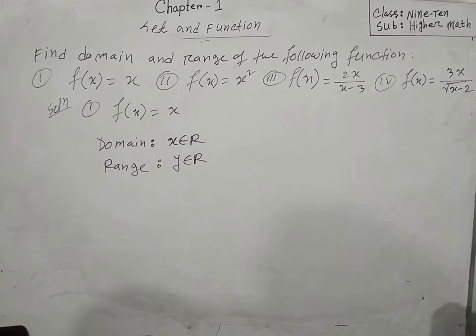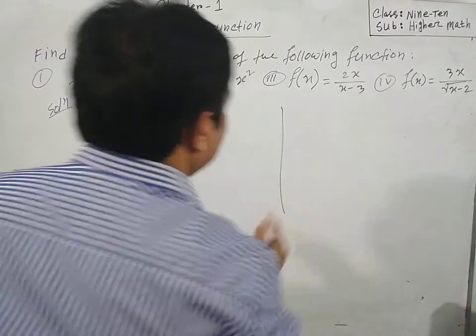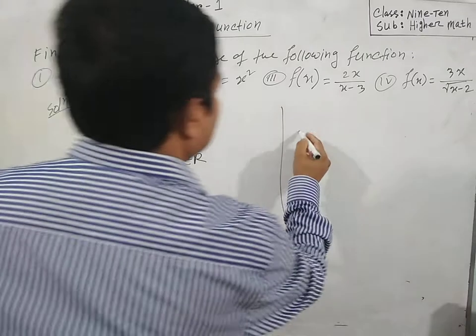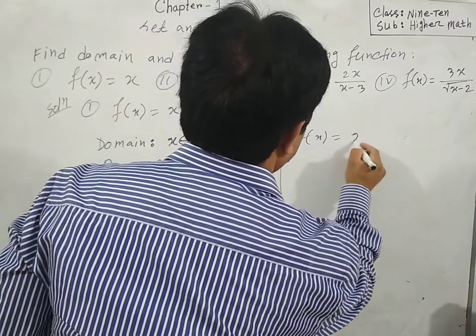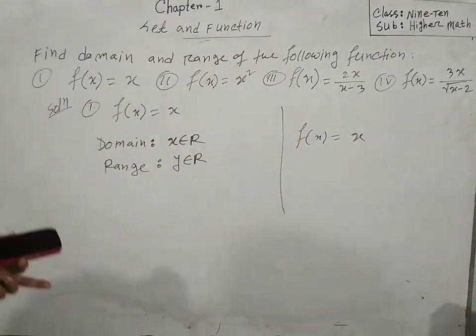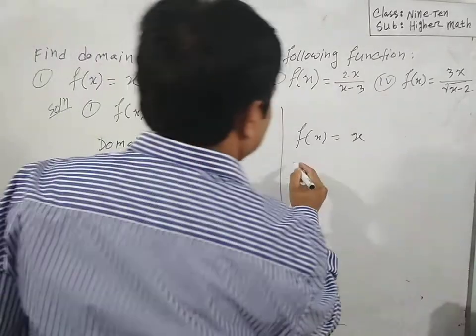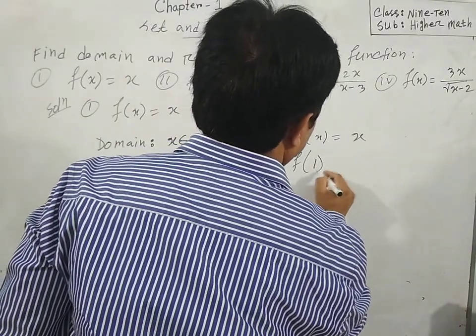Somebody asked me a question, sir, how is it possible? Domain x belongs to R and range y belongs to R. Okay, now look at the board. How is it possible? Here f of x, as it is true for all values of x, firstly we put the value of 1.